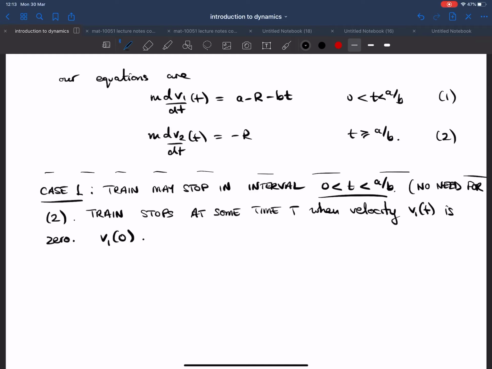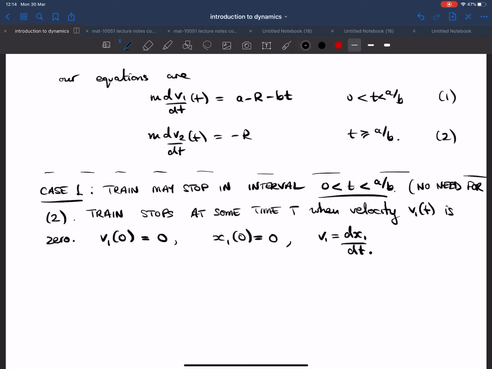We have a condition on this: v1 of 0 is 0 because the train starts from rest. What's x1? Well, x1 is the integral of v1. We also have a condition on the initial position, x1 of 0, where this is how v1 is related to x1.